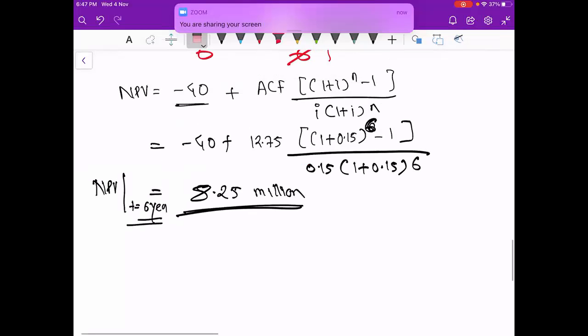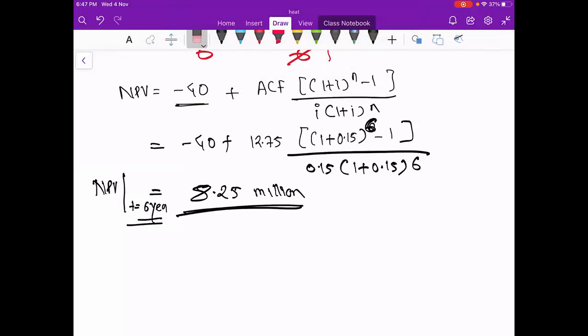Yes, we can apply the ACF formula and annuity only when the ACF is the same. ACF can be different, because here we are using the straight line method. If you don't use the straight line method, ACF of first year equals ACF of second year equals ACF of nth year holds only for the straight line method.